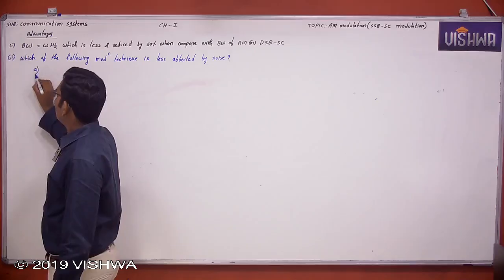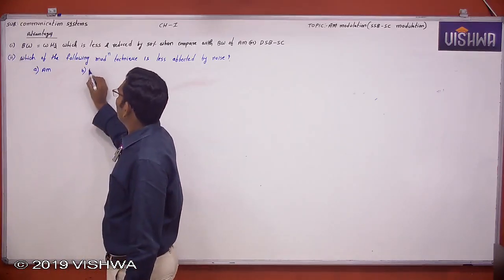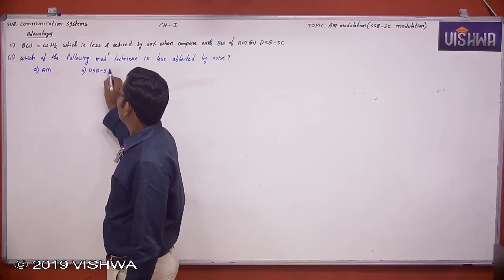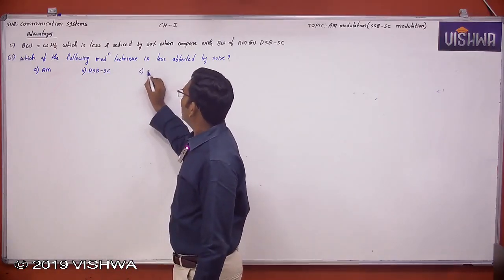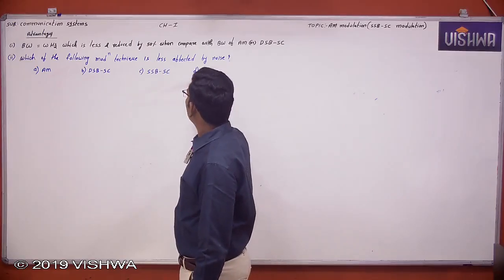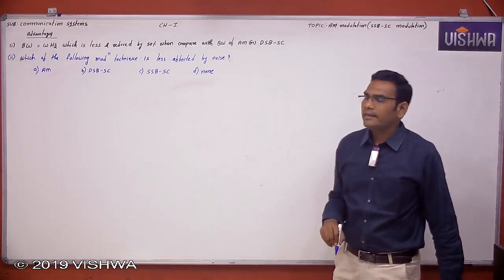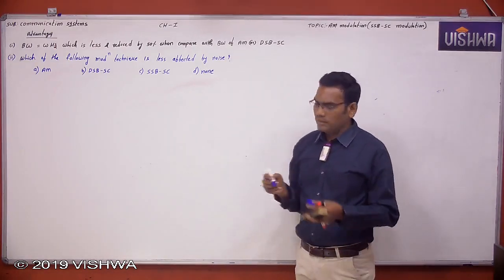I am giving the options also: AM, DSB-SC, SSB-SC. Which of the following modulation techniques is less affected by noise among these three?